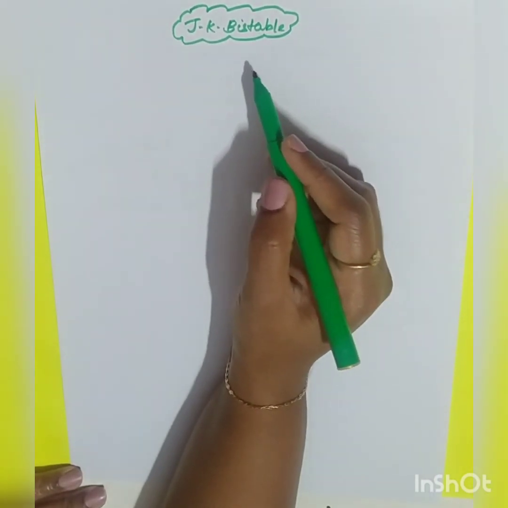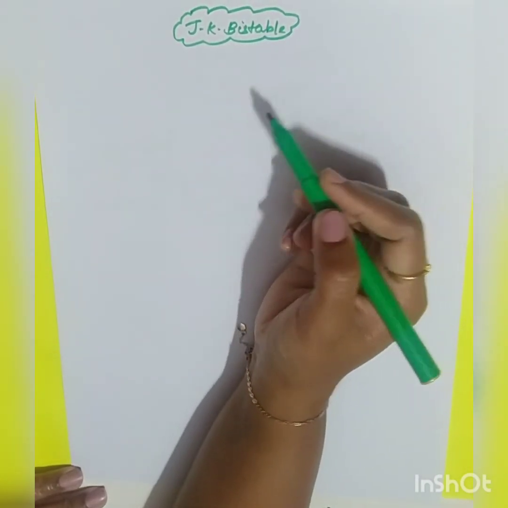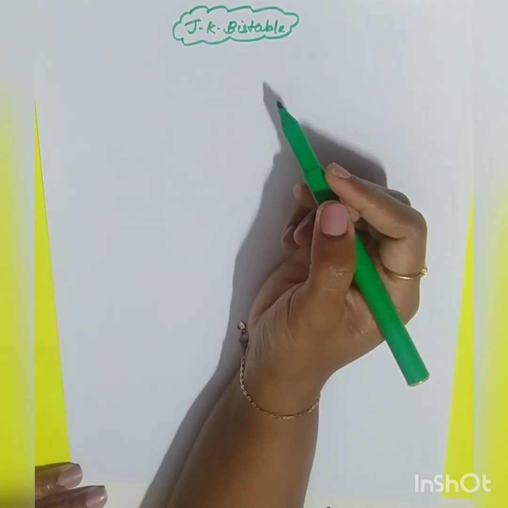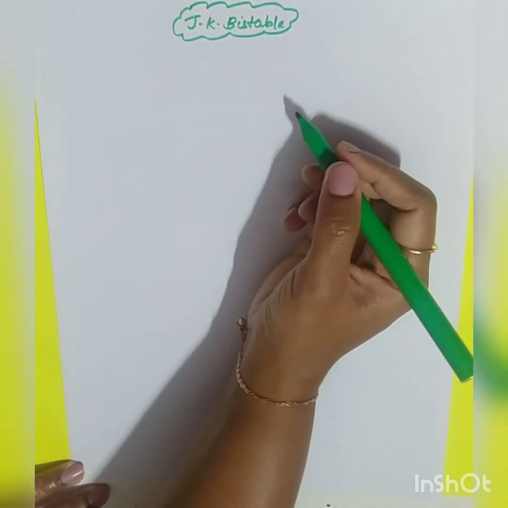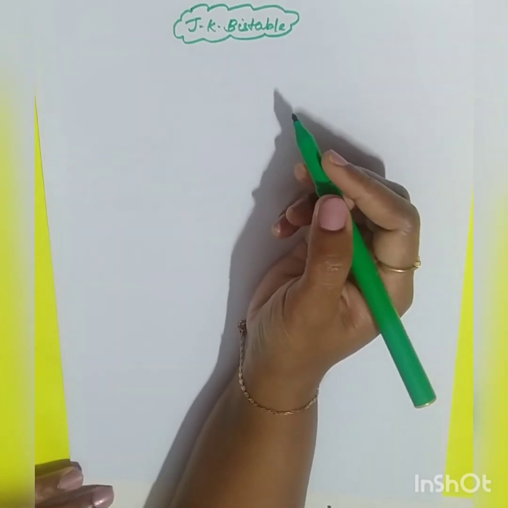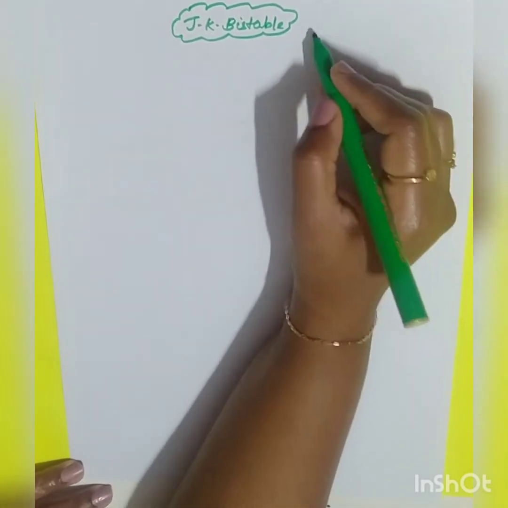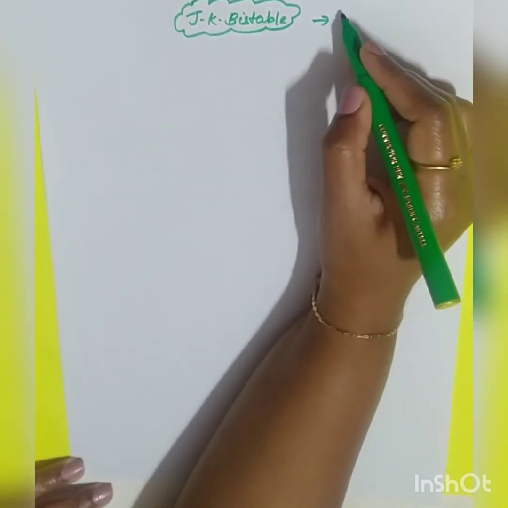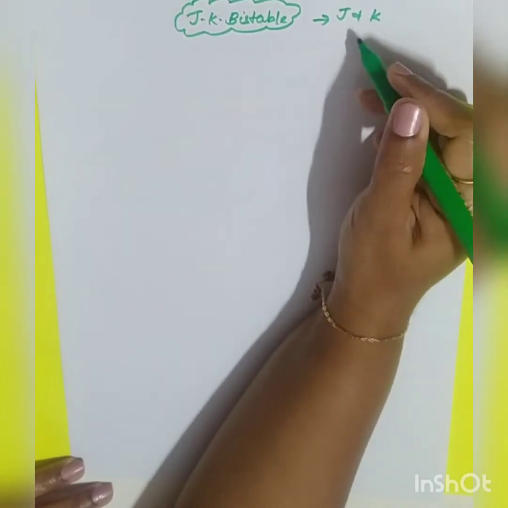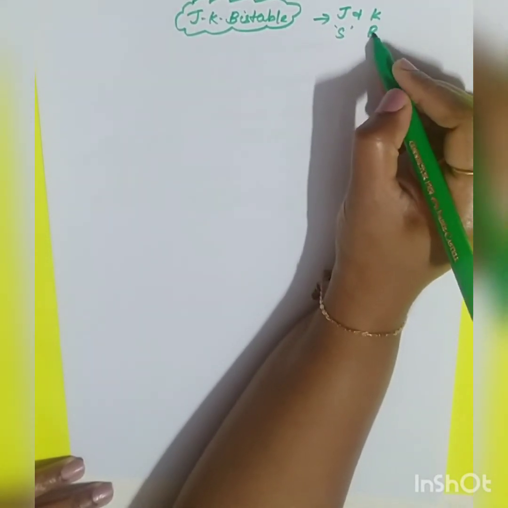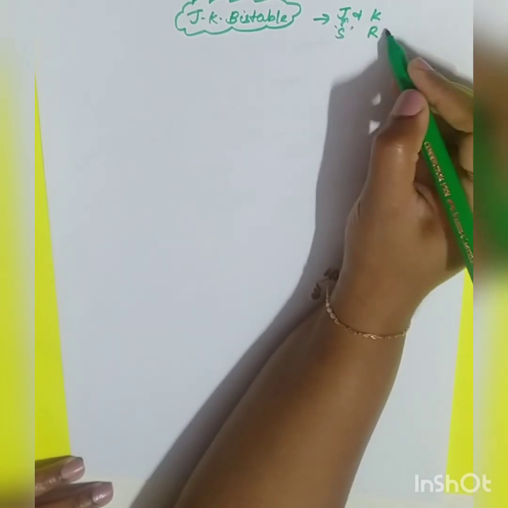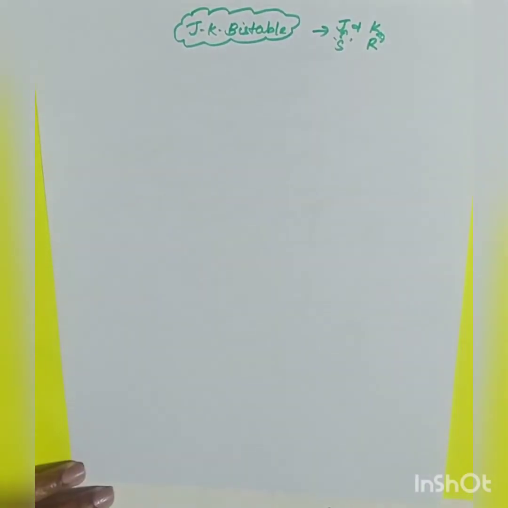The indeterminate state was rectified in this JK flip-flop. It consists of two inputs. One is J and the other is K. So it is similar to S and R: J in the place of S and K in the place of R.